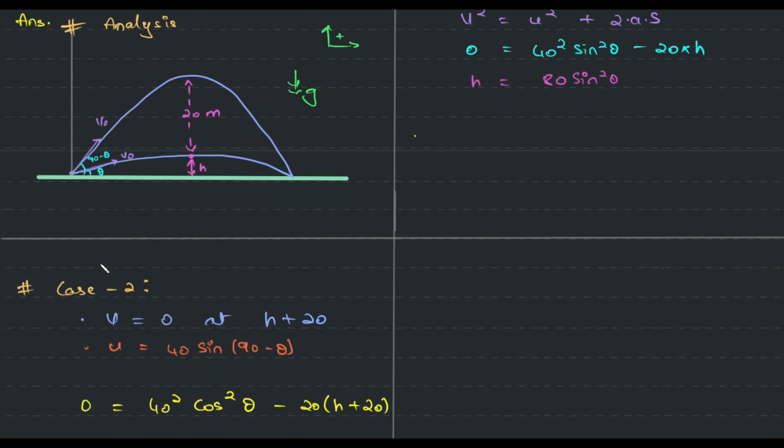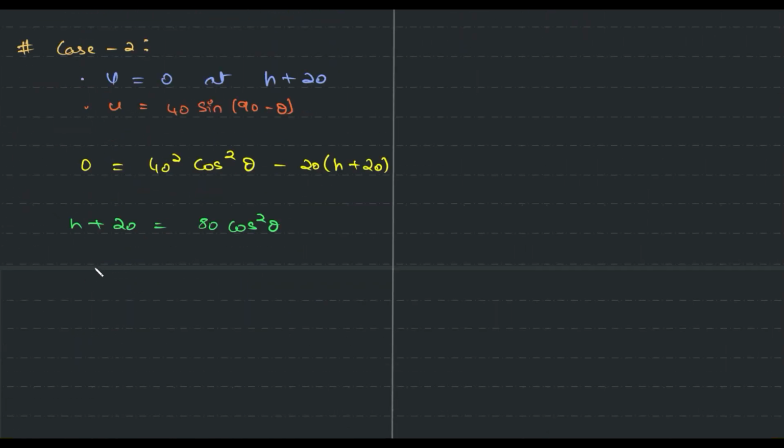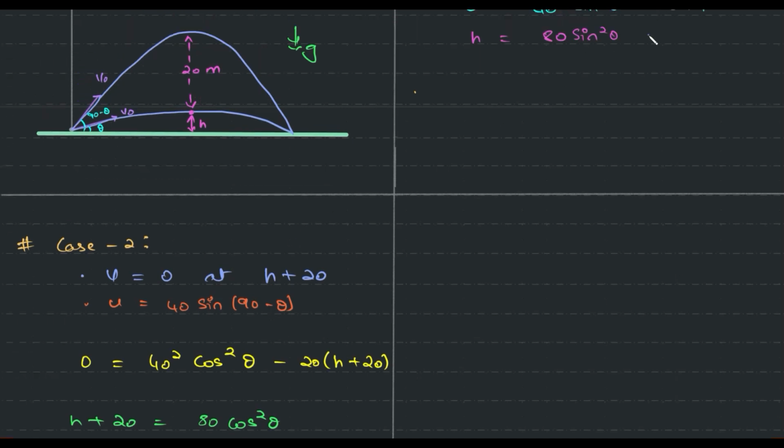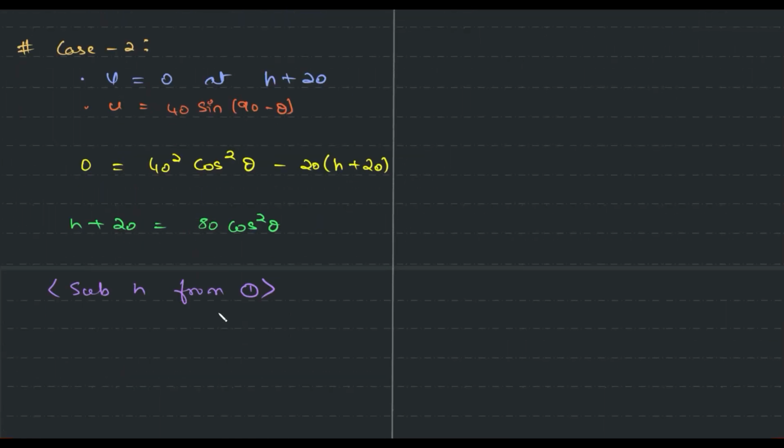But h is also equal to 80 sine square theta. So substituting h from 1. See guys, basically there are two unknowns and we have two equations. We just have to solve them. That's it. Simple. So this is 80 sine square theta plus 20 is equal to 80 cos square theta.